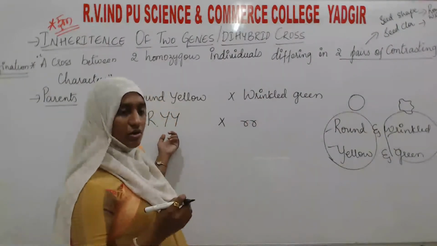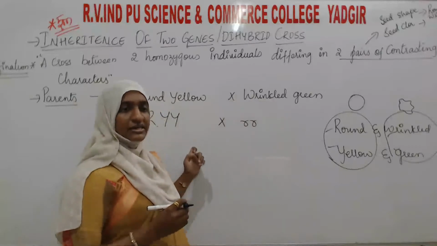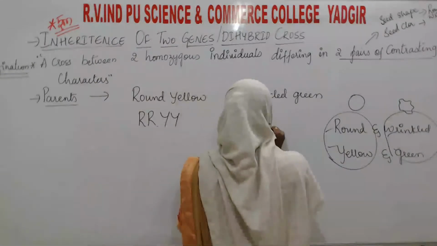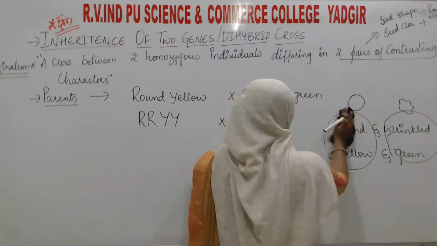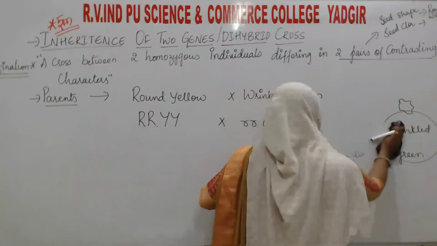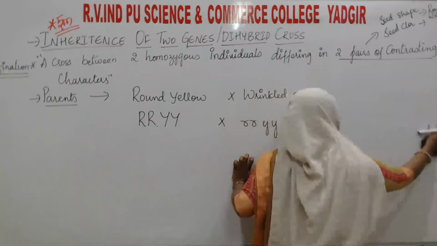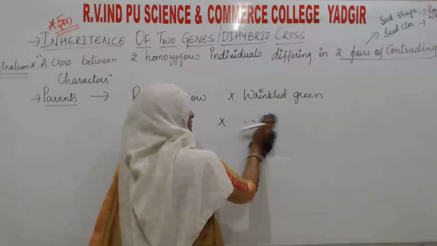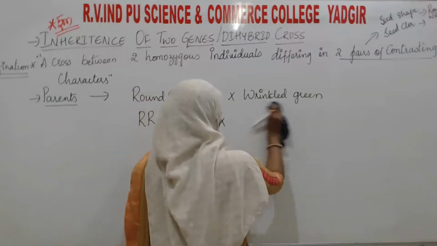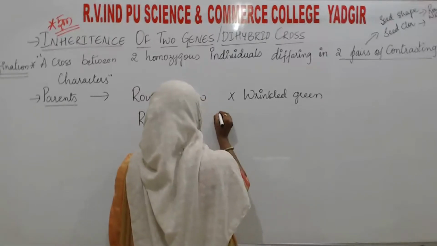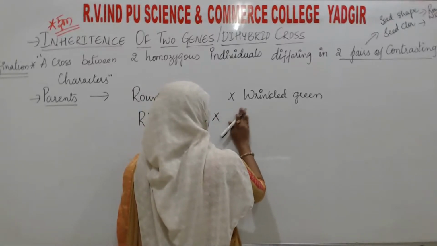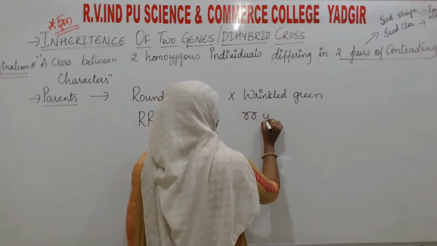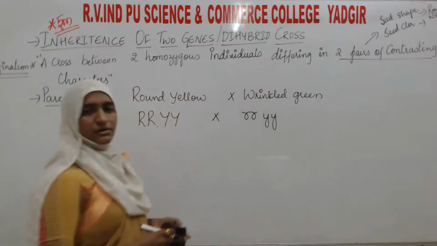Opposite to yellow, that is green, we can write it as small y.